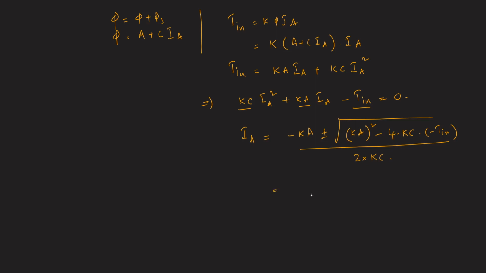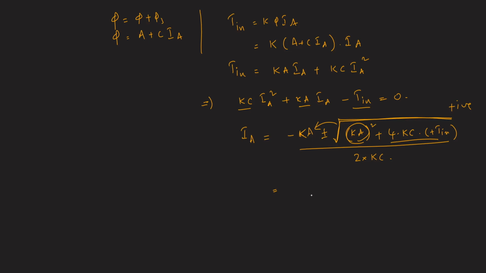So here this minus gets cancelled, right? And if you notice, this square root component is a positive quantity, and definitely it is greater than the Ka component, because the square root has the Ka component plus some additional component.